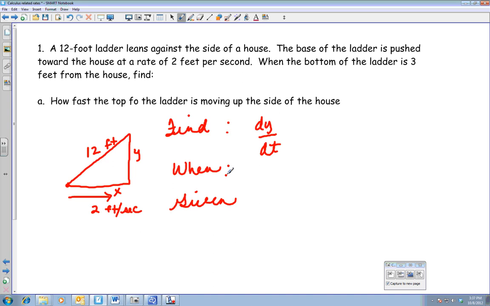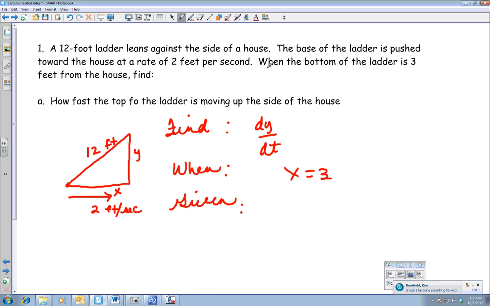When, and it says when the bottom of the ladder is 3 feet from the house. So the bottom of the ladder is my x value, when x is 3. Given, now given is always some kind of rate. So let's see what it says.